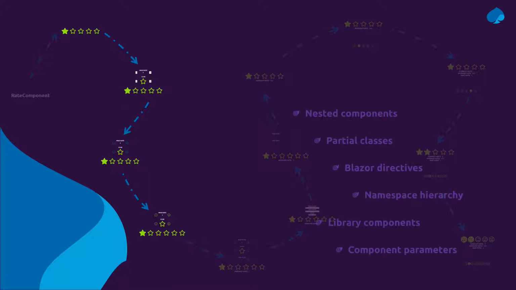Along the way, we are going to focus on such topics as nested components, partial classes, Blazor directives, namespaces, library components, which we are going to use to replace the default rendered buttons from the browser with our custom buttons. And in the end, we are going to talk about component parameters.